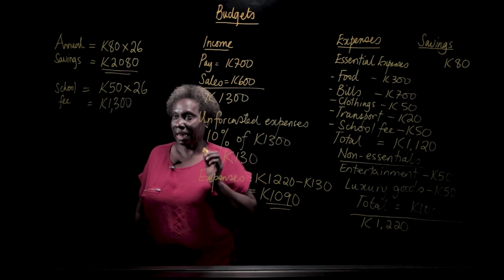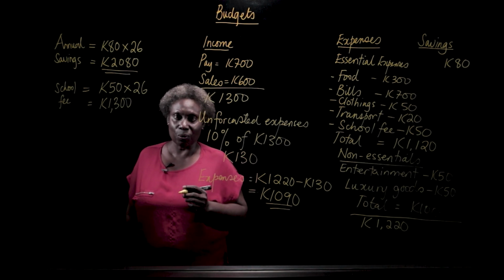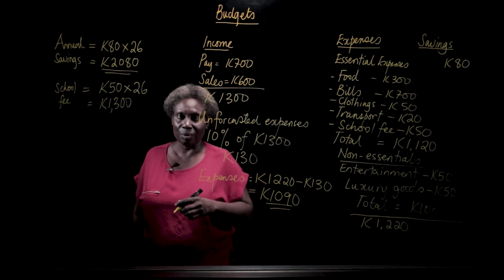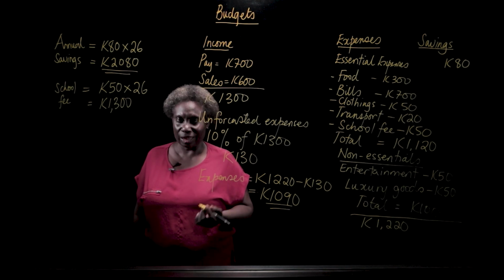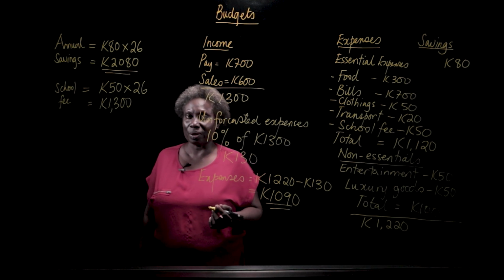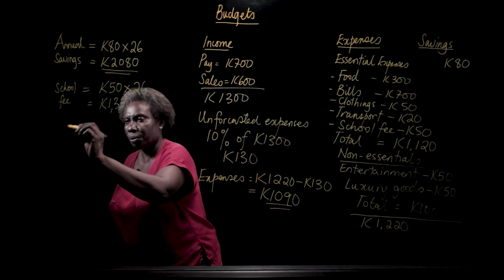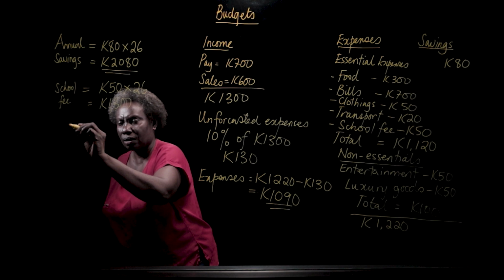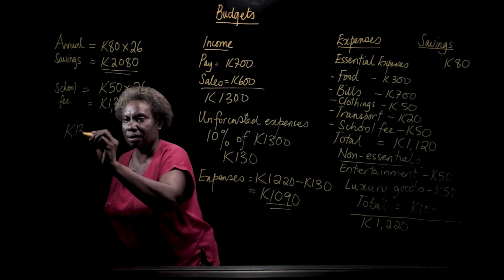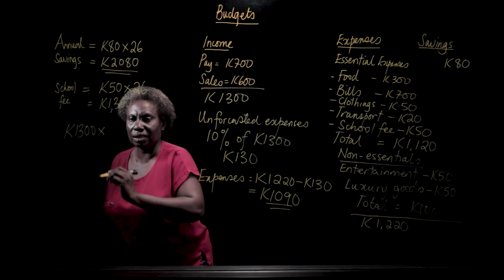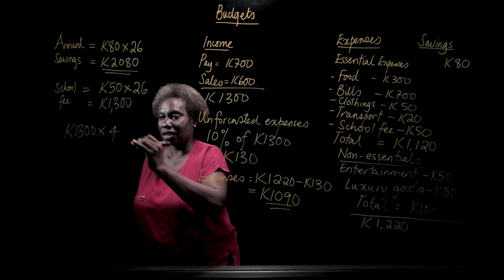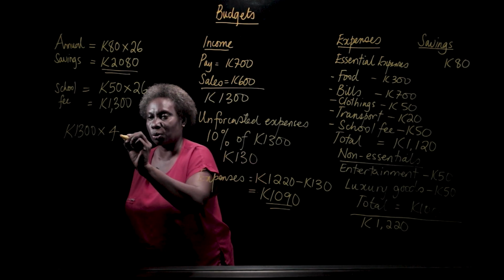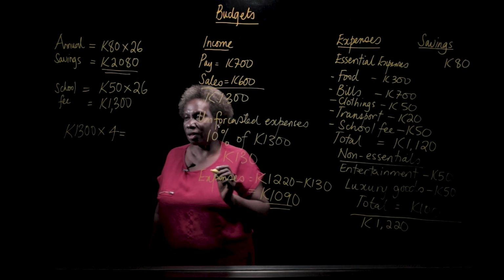Let's say he has a child who is 2 years old, and in 4 years' time, his child is going to be in elementary prep. Let's see how much he is going to save by the time the child is 6 years old. We have 1,300 kina multiplied by 4 years, because he is going to save up for 4 years before he puts his child into elementary prep.